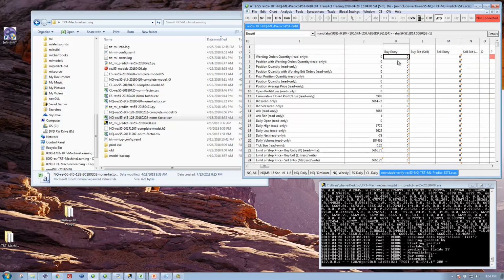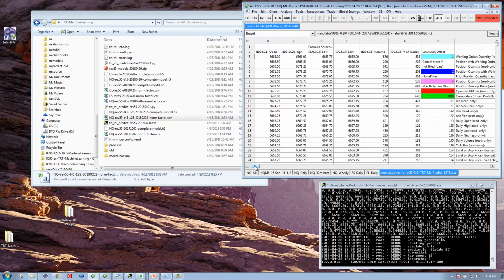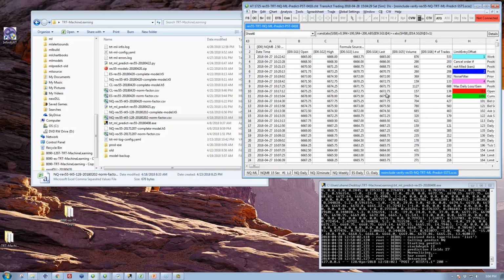This says if my code is a long, get long. So you could say if my strategy is a long and the code is a long, get long. You could also put only the long codes in your list, and now you'll only get long.